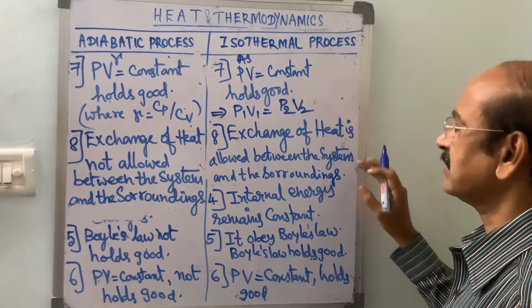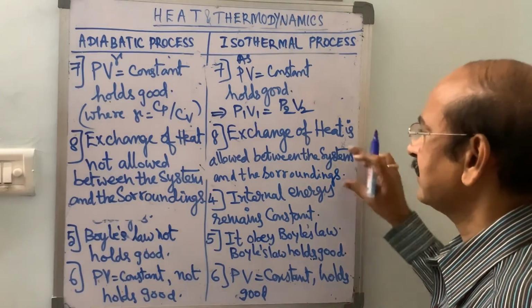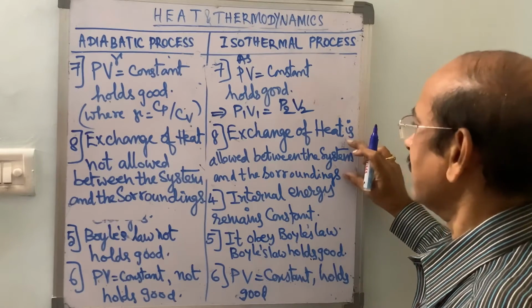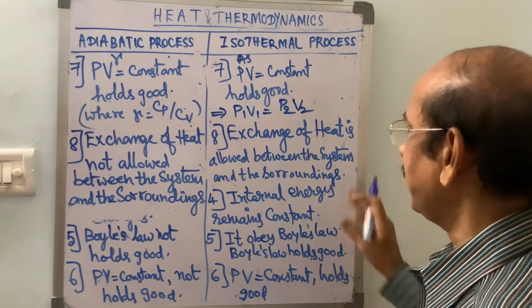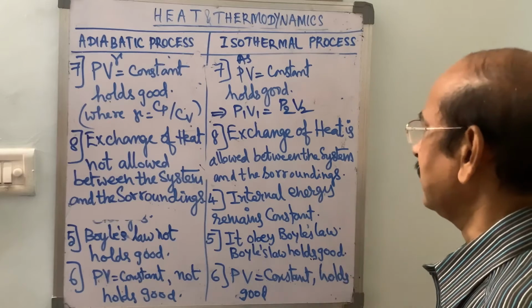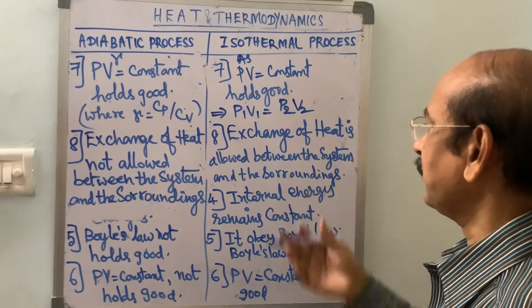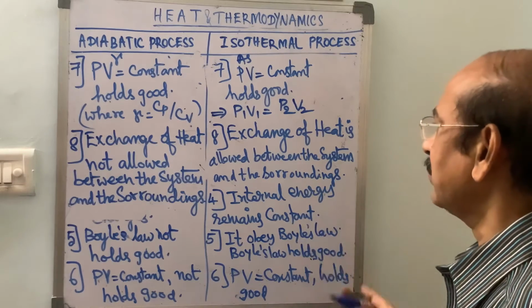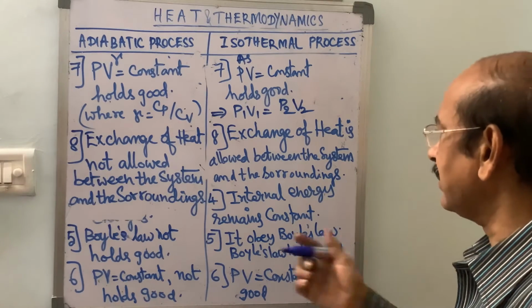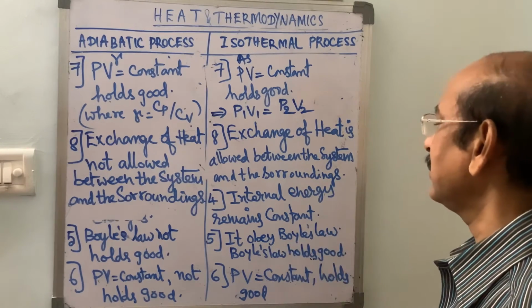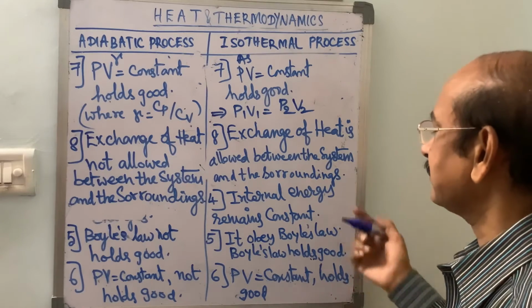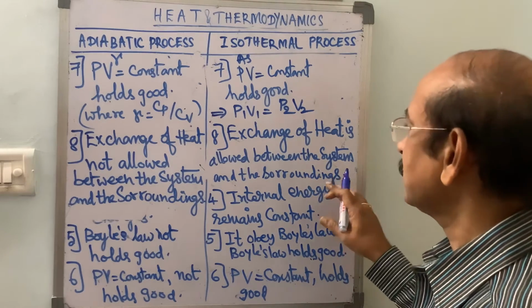So in isothermal system, the gas is enclosed in a metallic vessel. Therefore, if any heat energy increases, to keep the temperature constant, heat flows to the outside, to the surroundings, and if it is necessary, it absorbs heat energy from the surroundings.